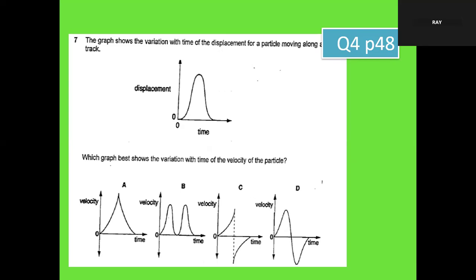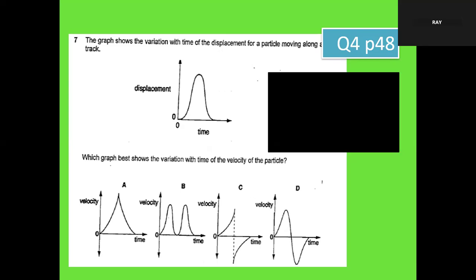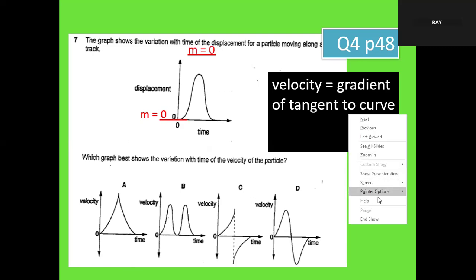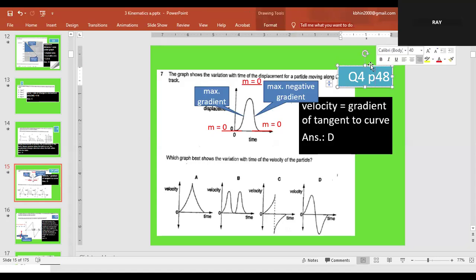Oh, wait. Velocity equals the gradient of the tangent to the curve. Zero at the top there.